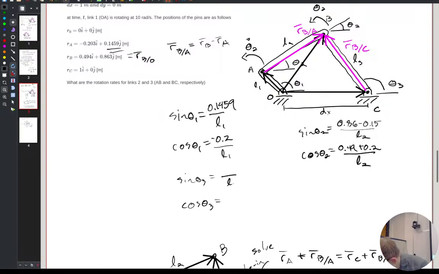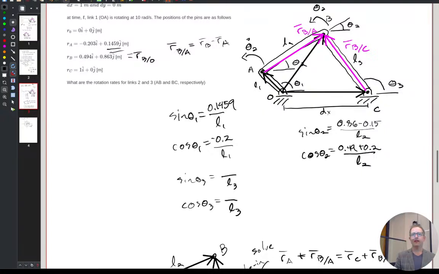The SOHCAHTOA, right? So we know L3 is the hypotenuse. So what's the y component for the sine, and then what's the x component for cosine? And we're doing this rather than solving the position constraint equations. If we know the positions, then it's easier to solve for those sines and cosines rather than solving two unknowns in a nonlinear sine and cosine.